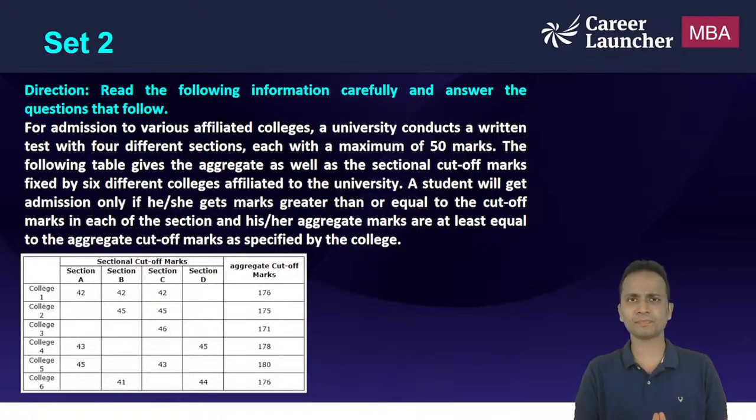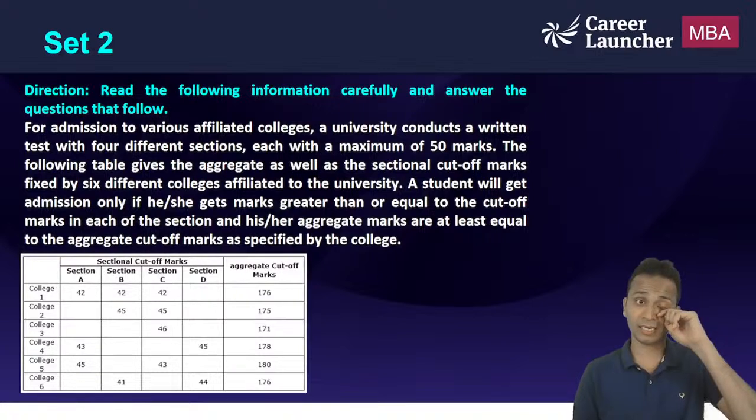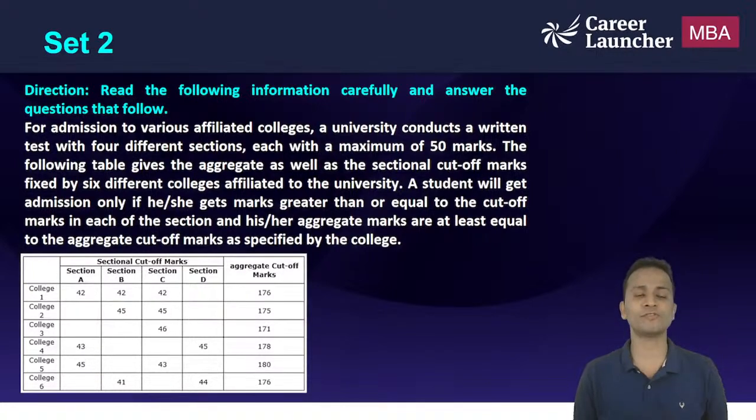So it's simple. If I want to get admission in a college, I have to clear all the sectional cutoffs as well as the overall cutoff of that college, right? Now, aggregate cutoffs are mentioned for all the colleges in this table, but some data about the sectional cutoffs of some of the colleges are removed intentionally.